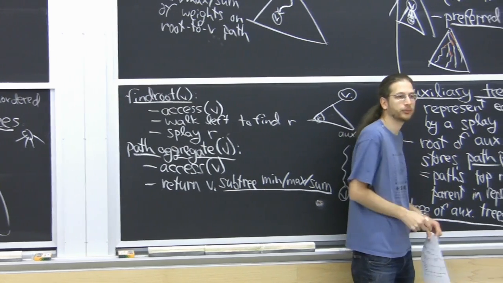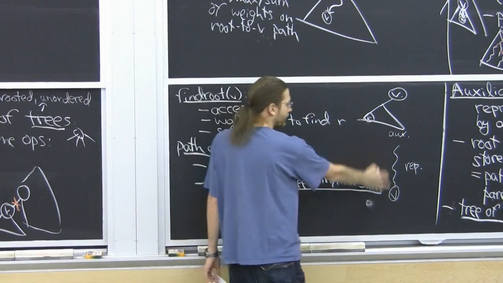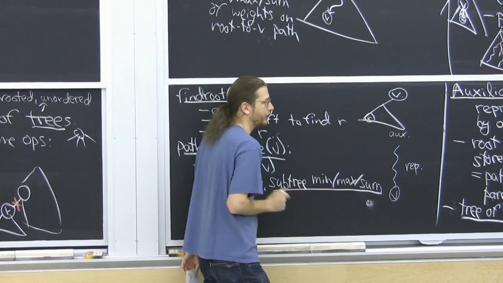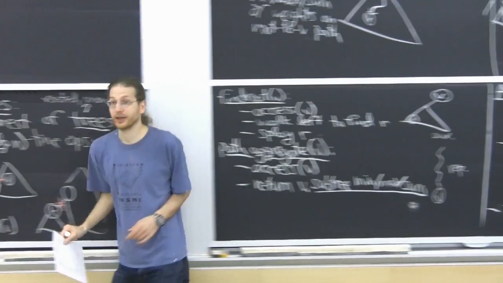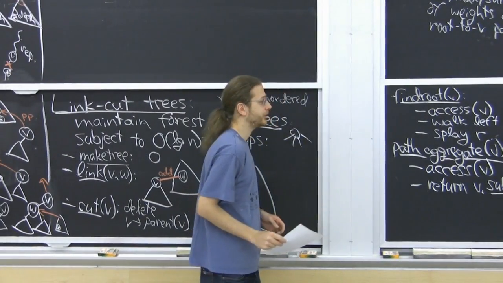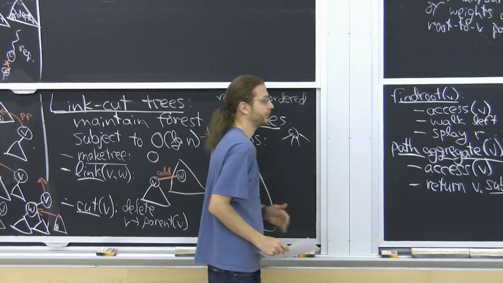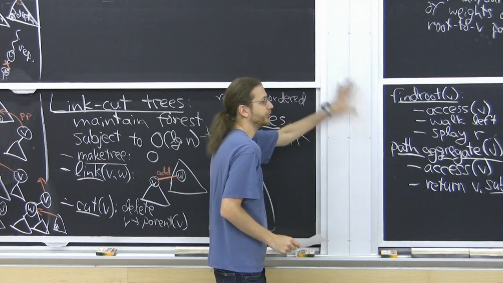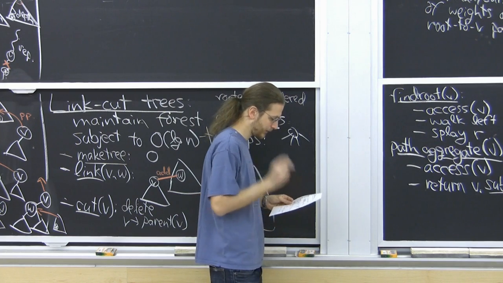And we don't have to, because this aggregation is just within the aux tree. That's exactly what we care about, because it represents that path and nothing more. So you see, access makes our life pretty darn easy. Once that path is preferred, we can do whatever we need to with that path. We can compute aggregations, the root, anything, pretty much instantly once we have access.